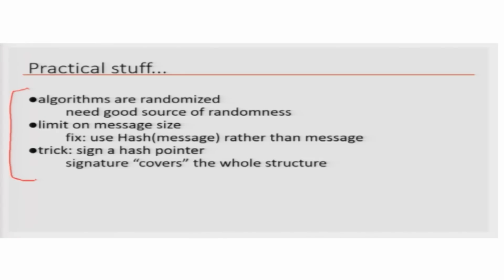Now, one important thing that we must remember is that the algorithms that we use for all cryptography, like generating keys and so on, require a good source of randomness.